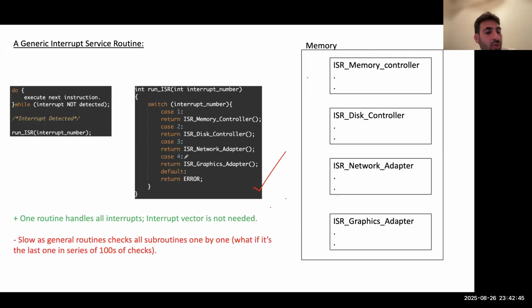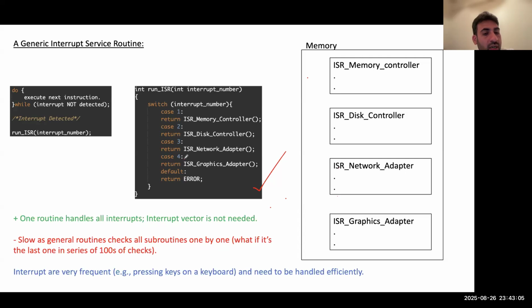So it is slow, as the general routine checks all subroutines one by one. Just consider a case where you have a hundred different ISRs to take care of different devices. What if it is the last one in a series of hundreds of checks? It will take time.